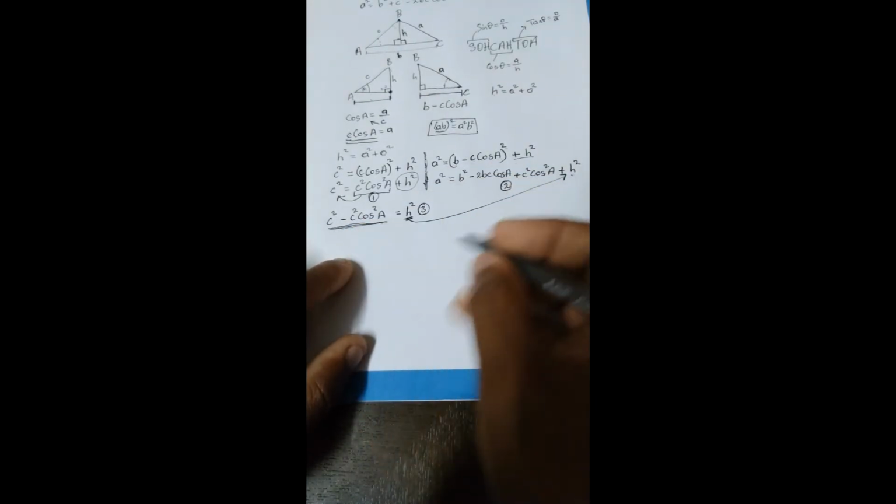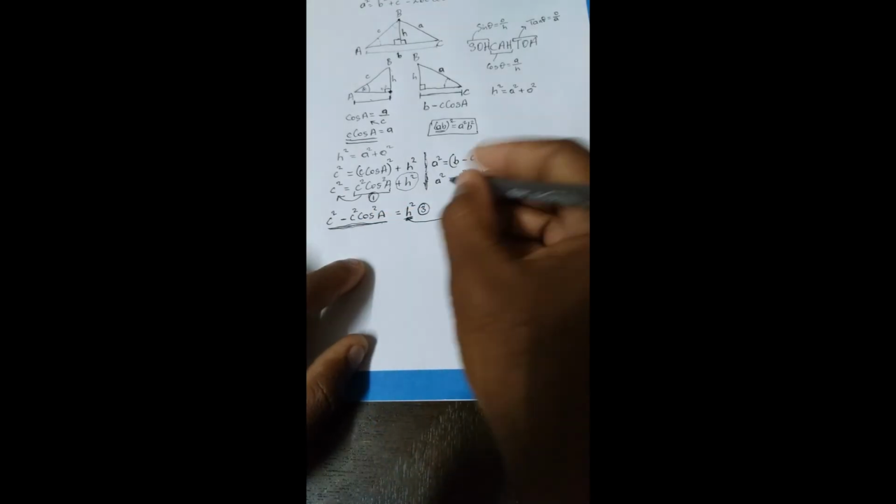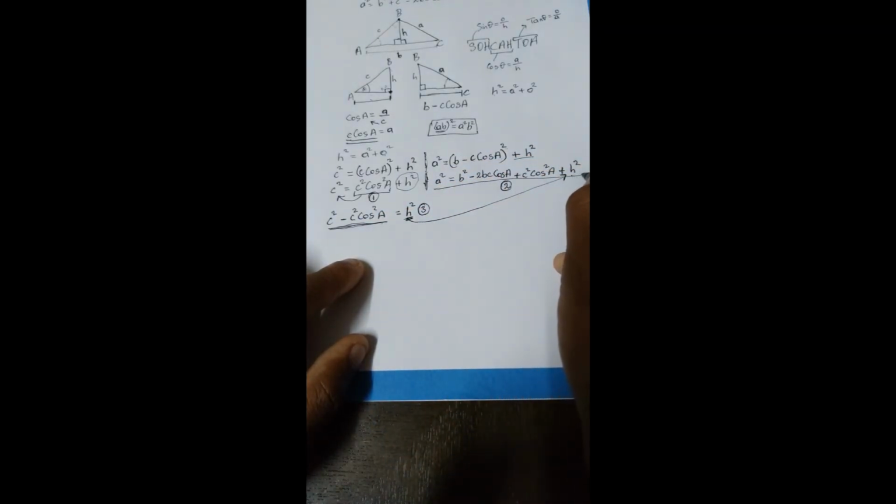From equation 3, I'm going to rewrite everything down here, but instead I'm going to substitute for h squared.